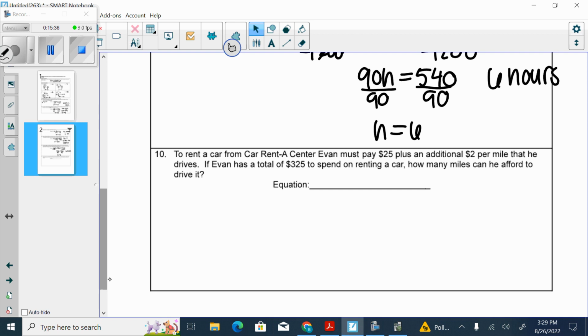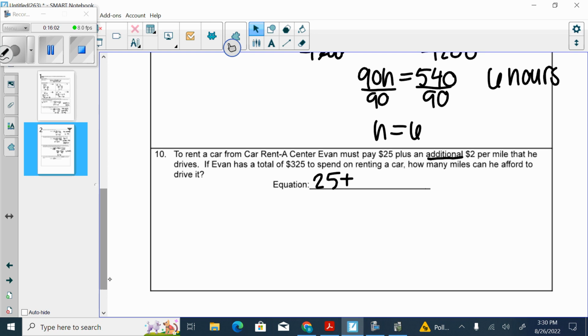Okay, so again, this is going to cost him some certain amount no matter what. How much? 25. Alright, so we're starting out with it costing $25. Just like with the moving company, it cost them the $1,200 no matter what. Right? Okay. And then it says he's paying an additional, means we need to be doing what? Right?